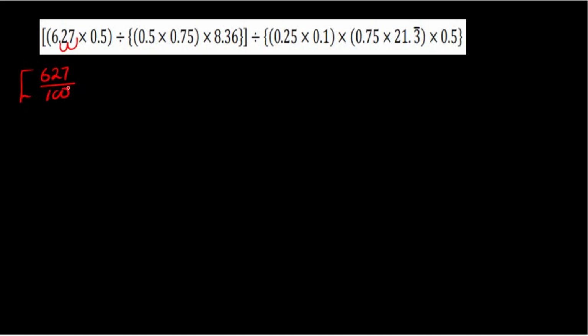Can I simplify that one? 627 divided by 100. You can't simplify that one, right? So that's impossible to simplify. So you just leave it like that. How about that one? This is the same as half, so you put just half like that, then divide by.